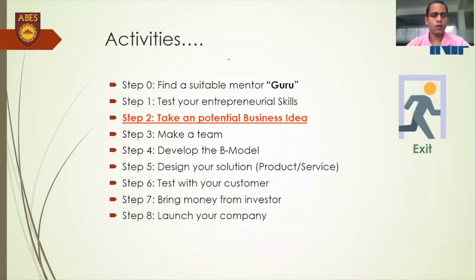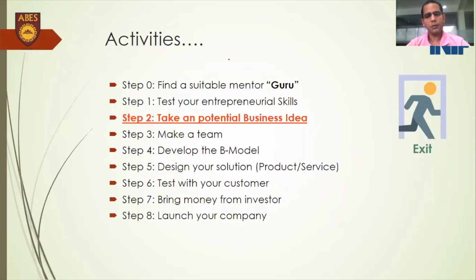All right. So there are 9 steps which we have designed to become a startup. The first one, which you call level 0, is where a mentor needs to be associated. You need to find a mentor to help you test your initial business idea, your proof of concept, and your prototype building. The second is to test your entrepreneurial skill set.